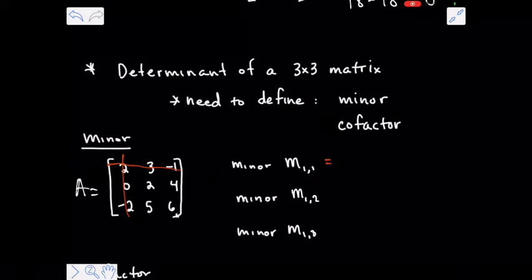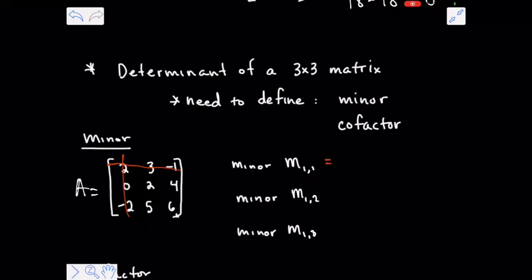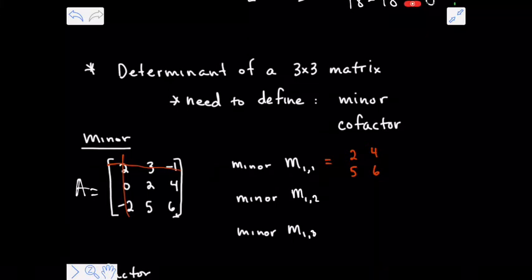So if I write 2, 4, 5, 6, that's the minor there. And then it's not just the matrix itself. A minor is actually the determinant of that matrix.